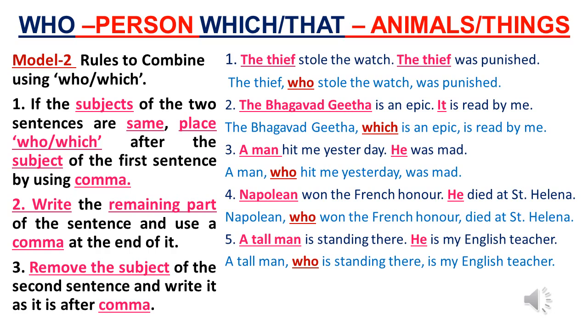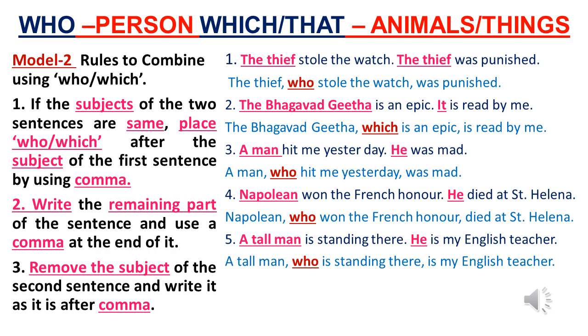Let's have a look at the second example. Here the Bhagavad Gita is the subject of the first sentence and it is the subject of the second sentence. Both refer to the same. So we use the Bhagavad Gita as the subject and use a comma next to it. Here we are referring to a book, that's why use which. Write the remaining part of the first sentence.